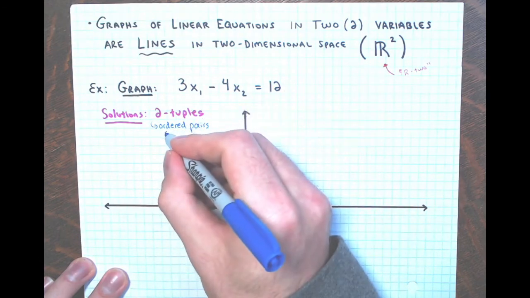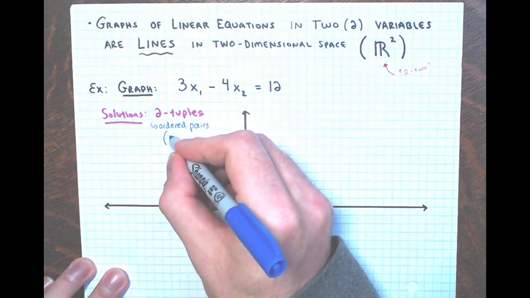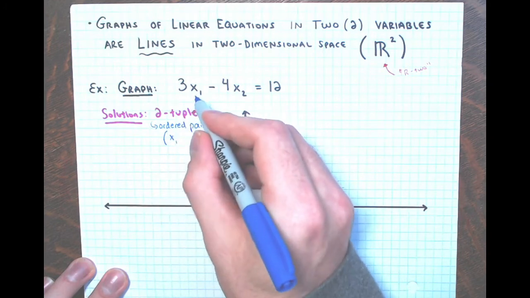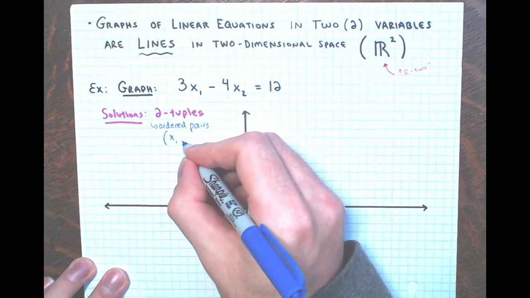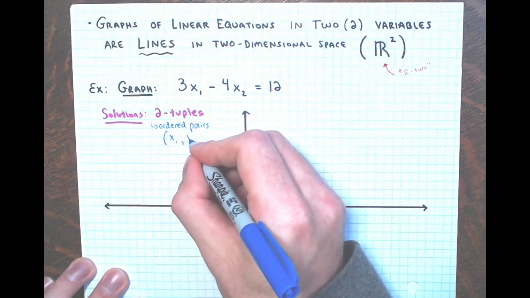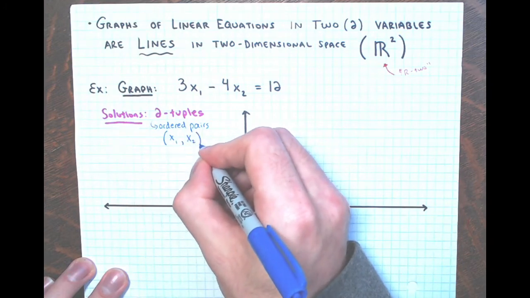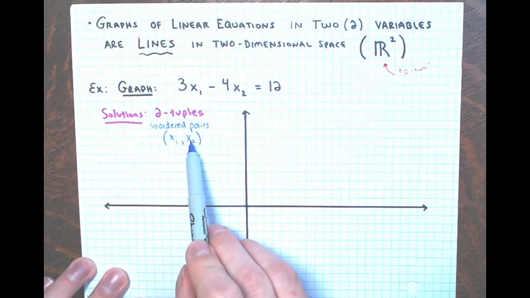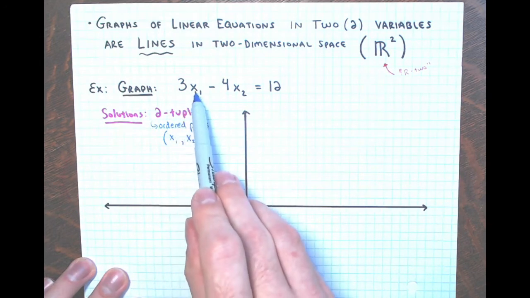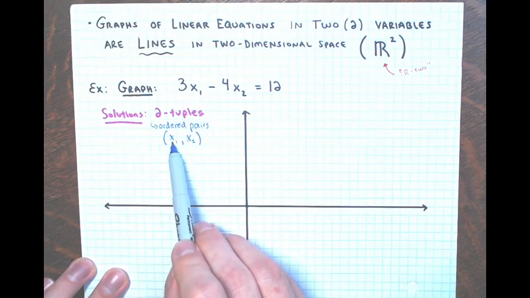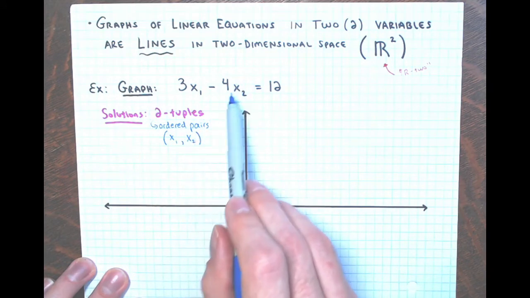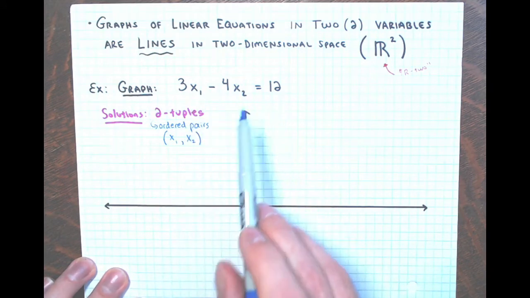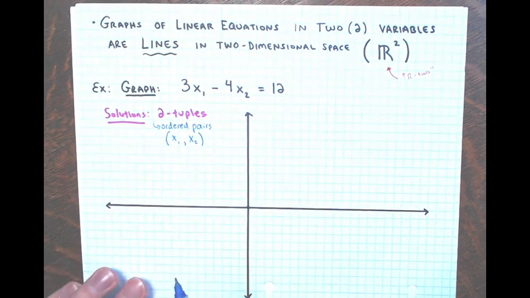And they're going to be pairs of numbers like this, where the first value is, say, the value of x1, then a comma, and then the second value is a value of x2, and then parentheses around them. And they're going to be pairs of numbers such that when I replace x1 with the value in the first slot and x2 with the value in the second slot, I'm getting a true statement. So here are just a couple.